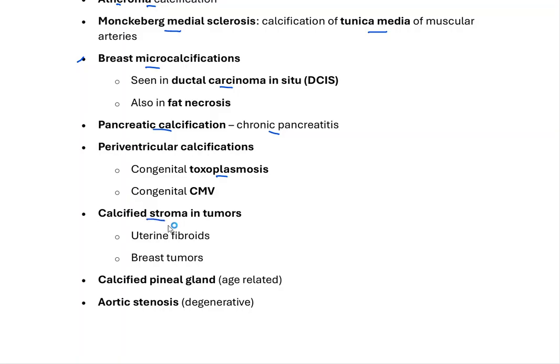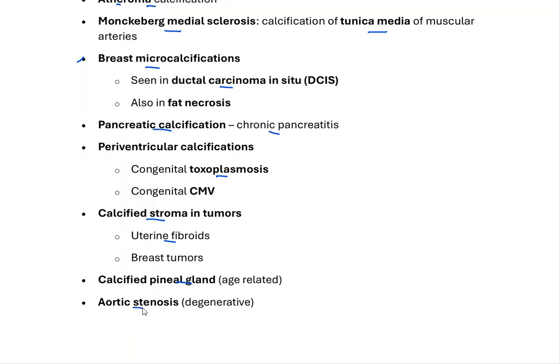Next example there is calcified stroma in tumors, like in the case of somebody who has a uterine fibroid and now the uterine fibroid has calcified. Also breast tumors. Calcified pineal gland is another one, which is an age-related finding, and it's an important landmark because it's in the midline when we're reading the CAT scan of the brain.